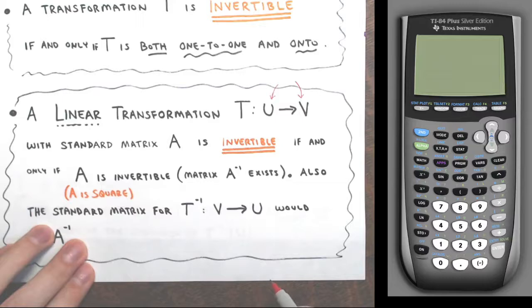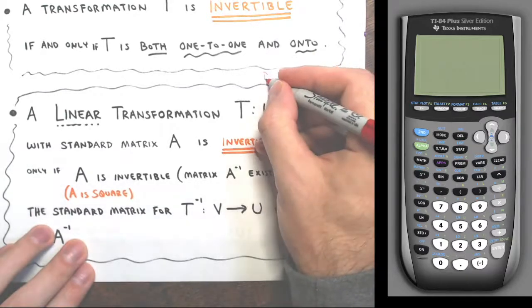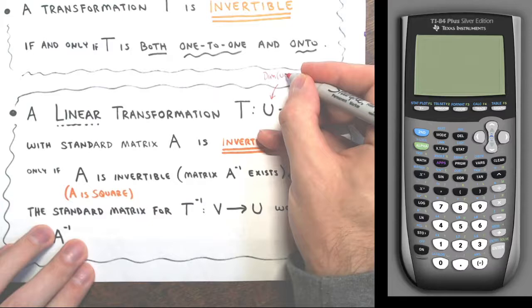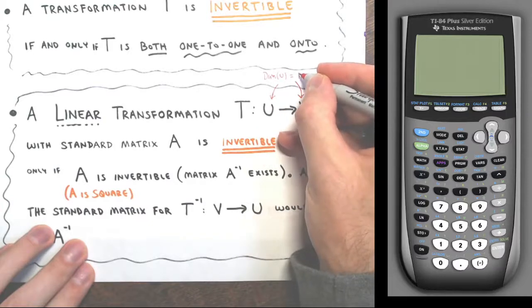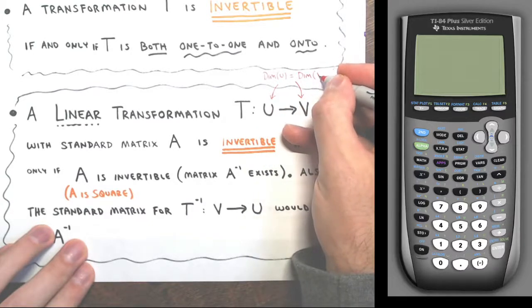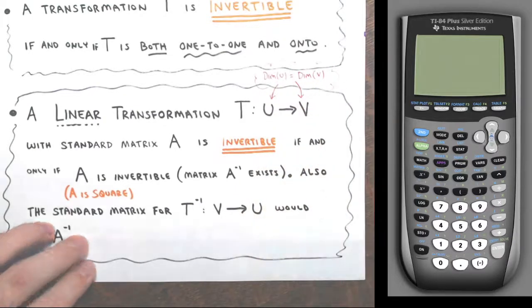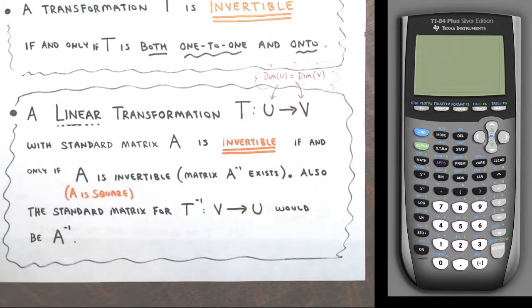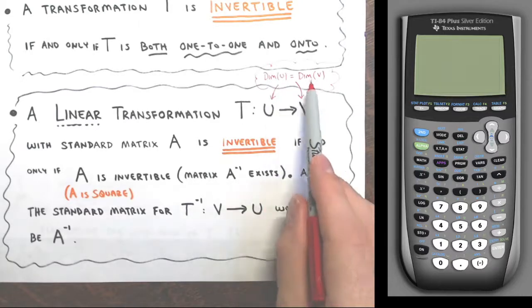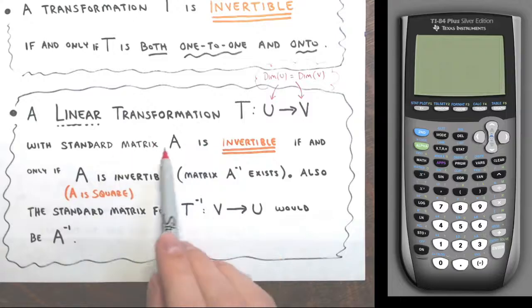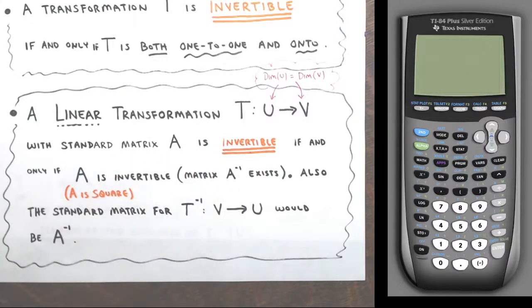So the dimension of the domain has to equal the dimension of the codomain in order for the transformation to possibly be invertible. Because if these two dimensions are equal, then the standard matrix will be square, and then maybe the inverse will exist and the transformation will be invertible.